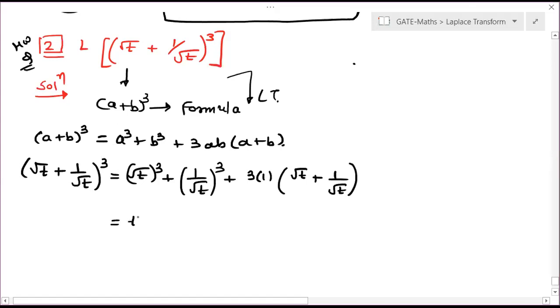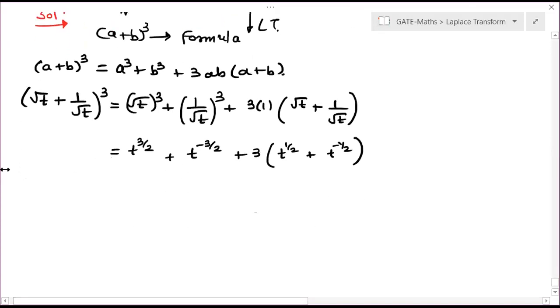So, it is t to the power 3 by 2 plus t to the power minus 3 by 2 plus 3 times t to the power half plus t to the power minus half. Now can I apply Laplace over here now? So this is our root t plus 1 upon root t whole cube.